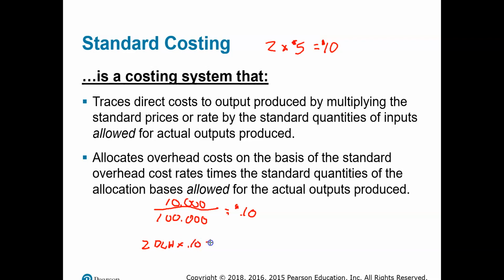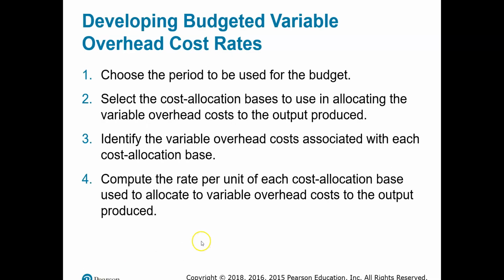And so variable overhead per unit should be 20 cents. And that's going to be a standardized amount allowed for actual output. So we're going to adjust this based on the actual output produced, but it's still only going to be 20 cents per unit.